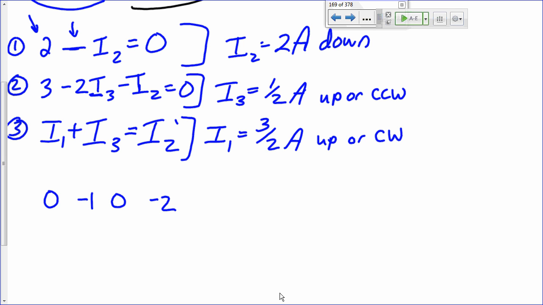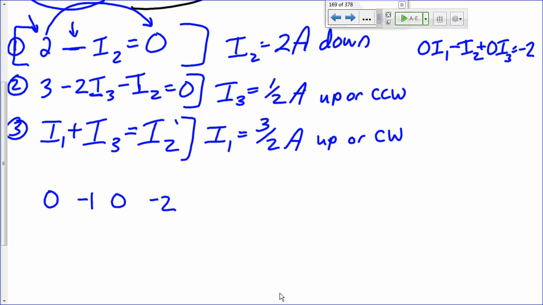I2 has a -1 coefficient, and then this 2 I take over here, so it becomes negative. What I've written here is 0 I1 minus I2 plus 0 I3 equals -2. And this is the same equation as equation 1.